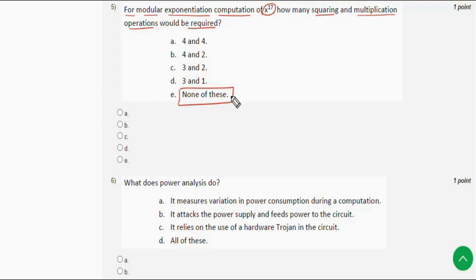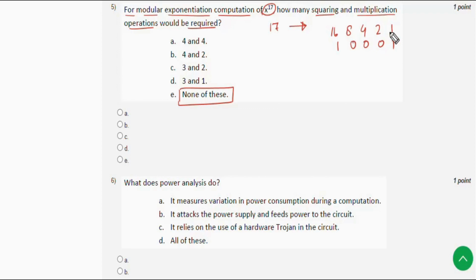First we have to convert 17 into binary. So we can write 1, 2, 4, 8, 16. In binary that will be 1 0 0 0 1, and that will become 17.